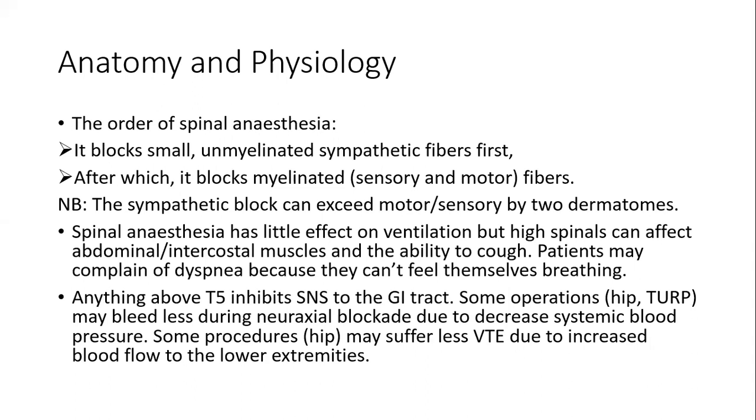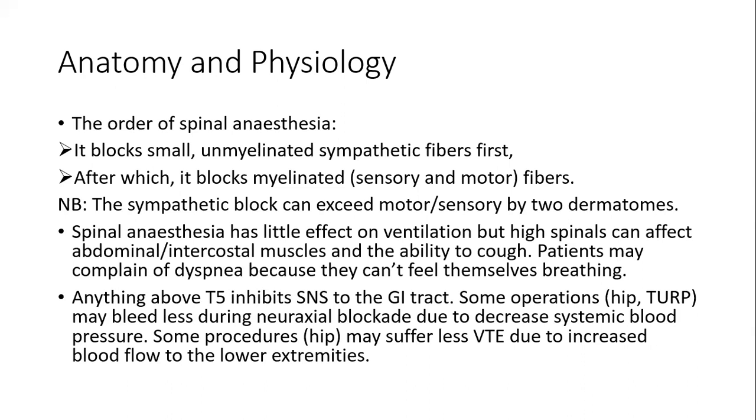So if you're having a sensory block at maybe, let's say, T6, your sympathetic block may be even as high as T4. And some authors even say it can be variable, as high as 2 to 6 dermatomes above the level of your motor or sensory block.